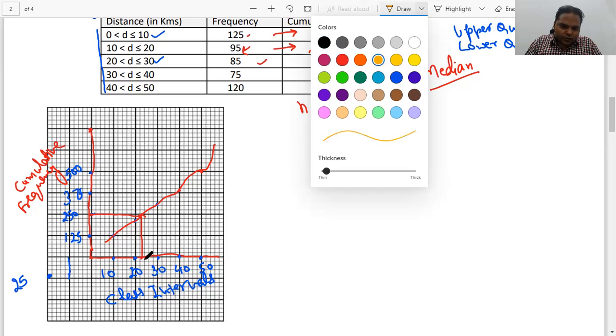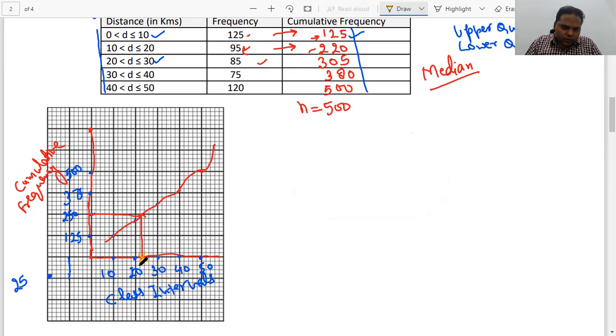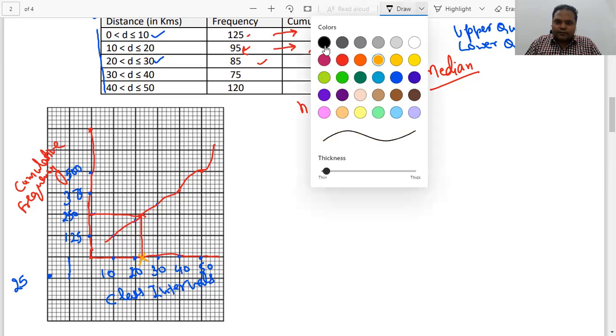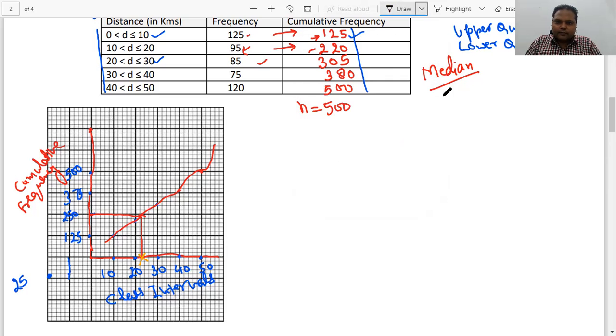Yeah, I'll use this color. So this point is going to be the median, and this will be 22 in our case. Okay. So the median is 22 kilometers. Right.